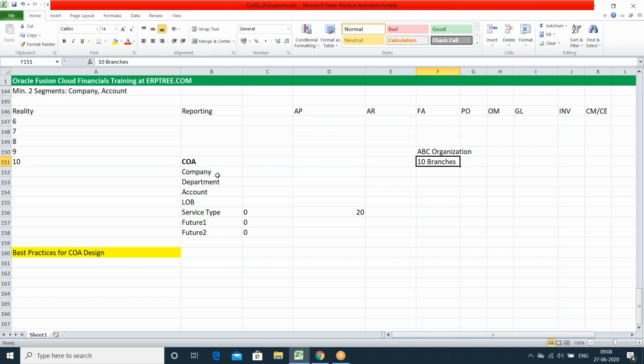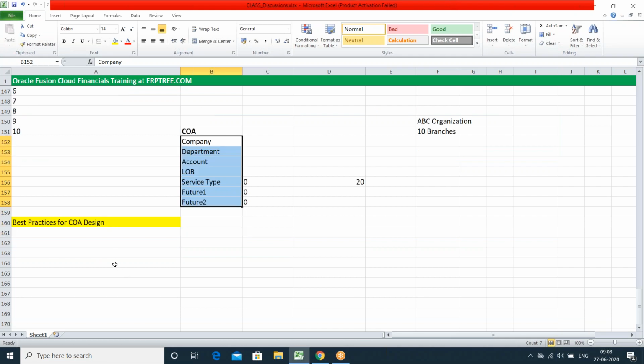So that is the reason, out of all the segments you have in your chart of accounts, you have to make one a primary segment. At that segment level only, each and every transaction should get balanced. What is the meaning of balancing the transaction? You can see that in the system.